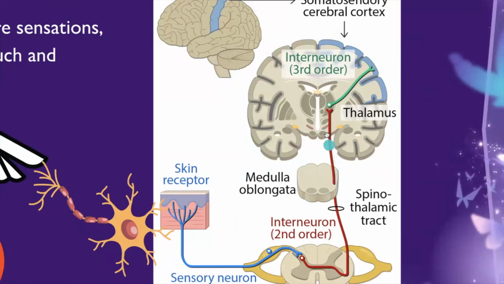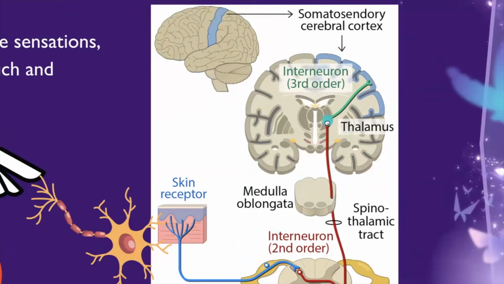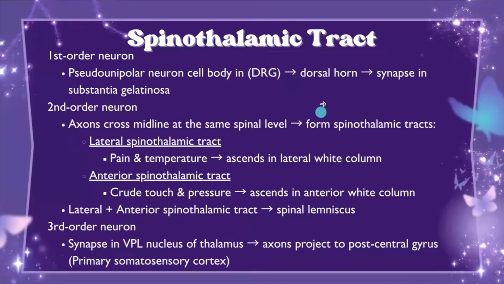They would ascend all the way to the VPL of the thalamus. Again, what would you find in the VPL of the thalamus? You would find the cell bodies of third order neurons, and then the axons go all the way up to the cortex, specifically where? The postcentral gyrus, the somatosensory cortex, to relay the sensory information. I hope that was clear. Let me make sure I didn't miss anything. Okay, I think we're good.